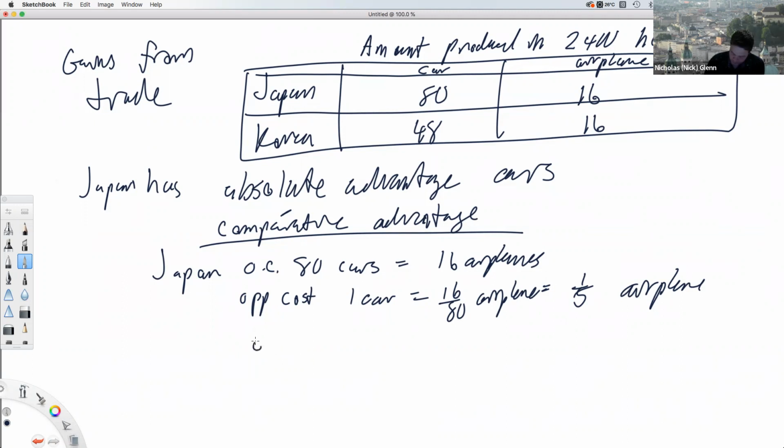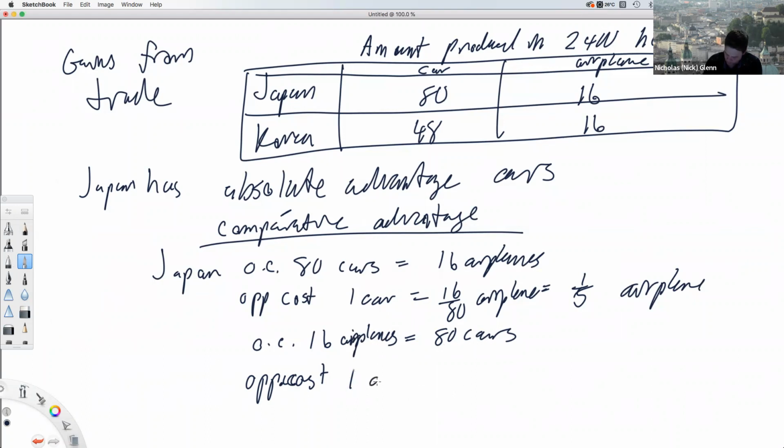Okay, well, what about the opportunity cost if Japan spent all their time producing 16 airplanes? Well, they would give up 80 cars. So 16 airplanes costs 80 cars.